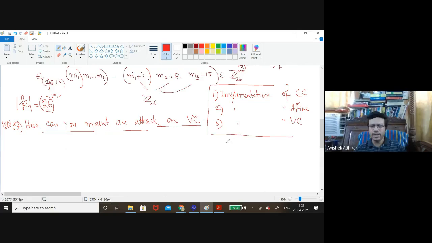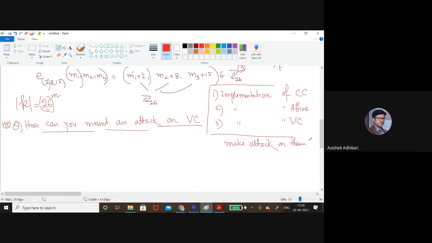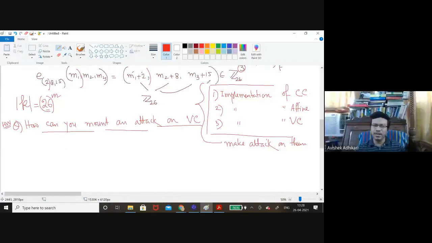Also make an attack on them. So that will be your programming homework. You can use any programming language you feel comfortable with, for example C, C++, Java, Python, whatever.